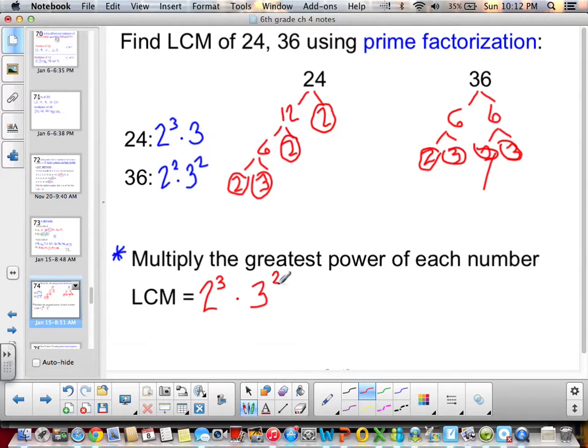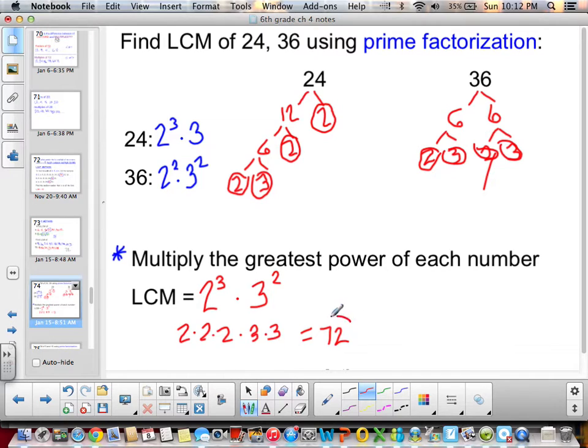Okay, so I'm just pulling out one 2 and one 3. So 2 cubed is 2 times 2 times 2, and then we multiply it by 3 times 3. So 2 times 2 times 2 is 8, and then 3 times 3 is 9, so we get 72.